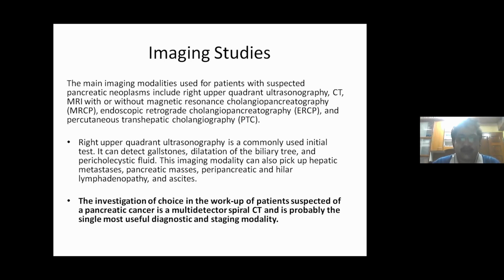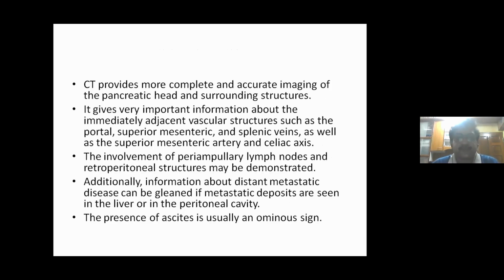The investigation of choice in the workup of patients suspected of pancreatic cancer is a multi-detector spiral CT, and is probably the single most useful diagnostic imaging and staging modality. CT provides more complete and accurate imaging of the pancreas and surrounding structures.